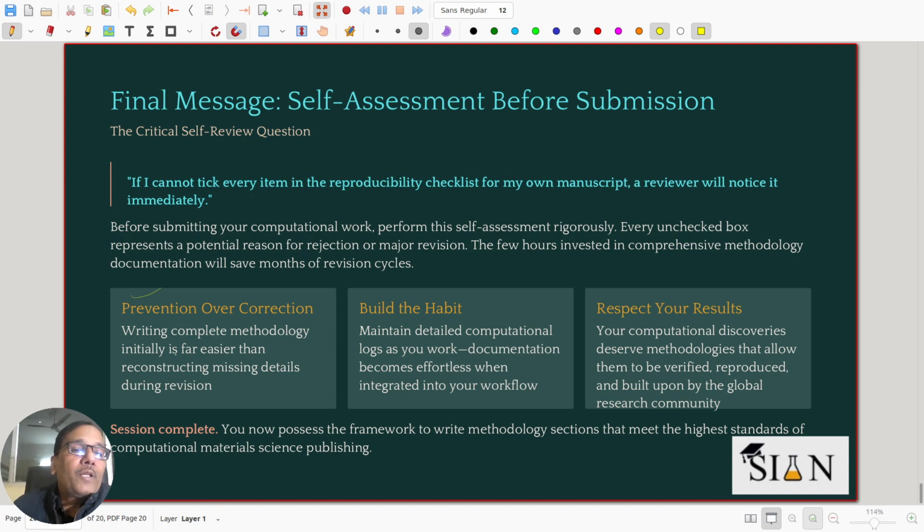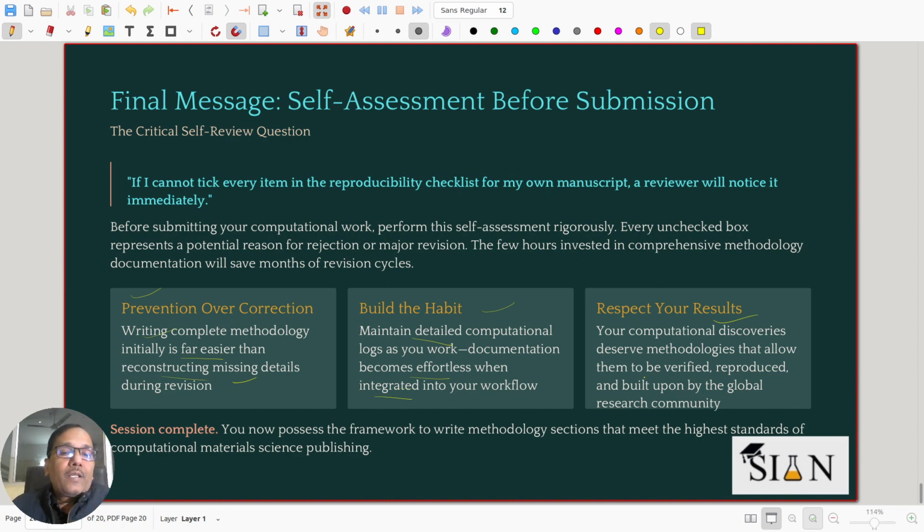Writing a complete methodology initially is far easier than reconstructing missing details during revision. Build the habit: maintain detailed computational logs as you work. Documentation becomes effortless when integrated into the workflow. And respect your results: your computational discoveries deserve methodologies that allow them to be verified.